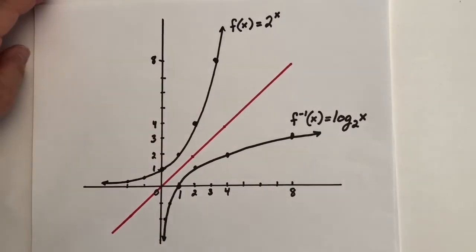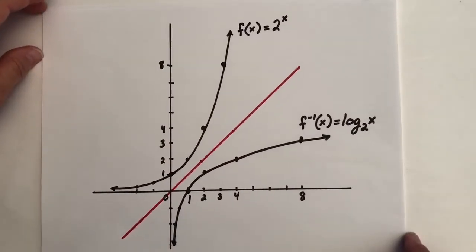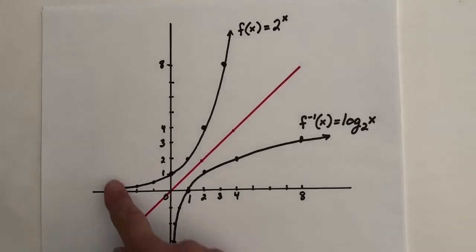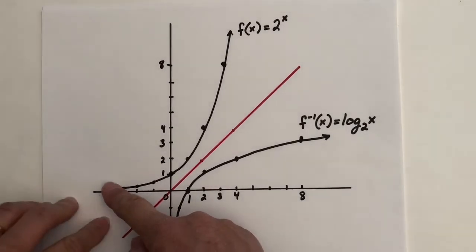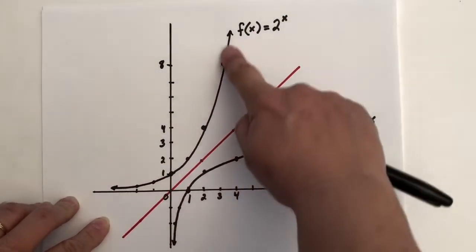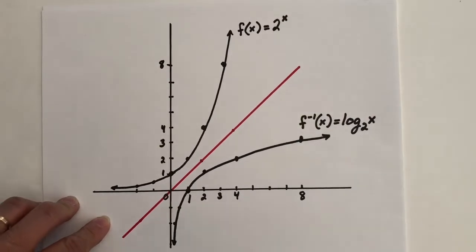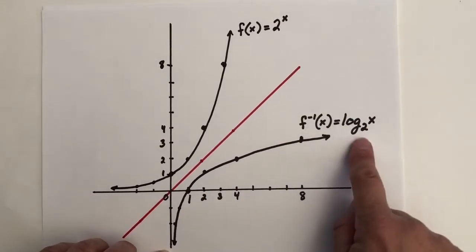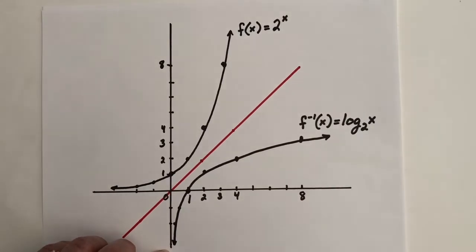Recall that a logarithmic function is the inverse of our exponential function. So if I have y equals, or f of x equals 2 to the x, here's how the exponential function looks. And f inverse of x, our log of x base 2, is our inverse function, so it's a mirror image across the line y equals x.